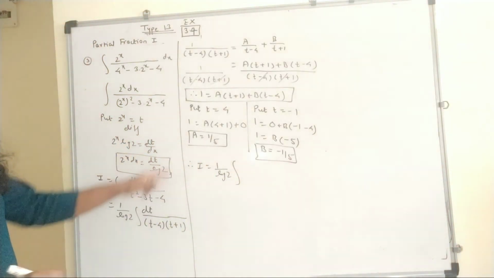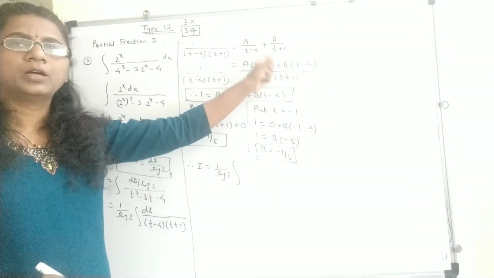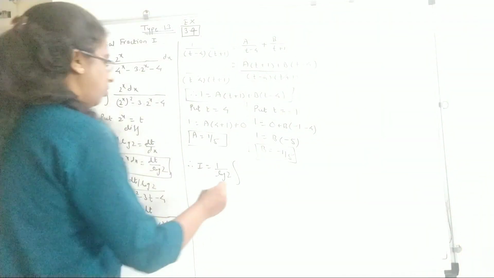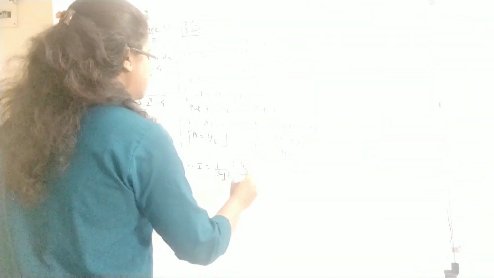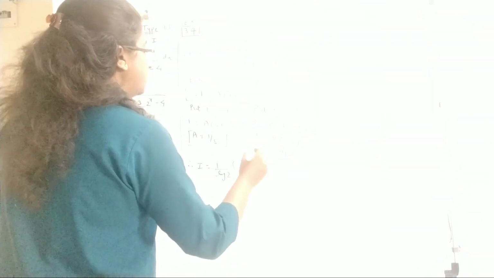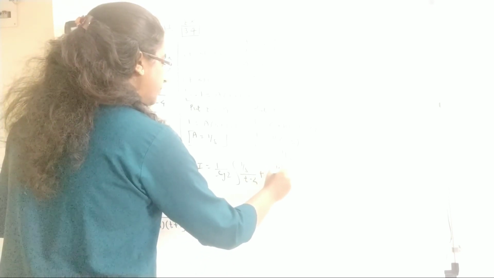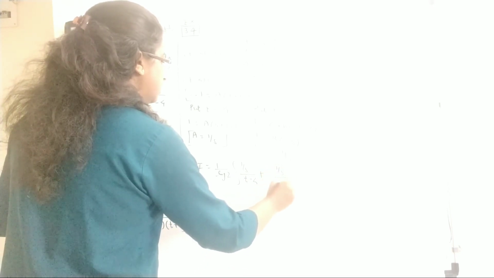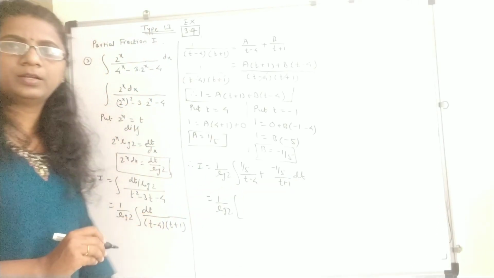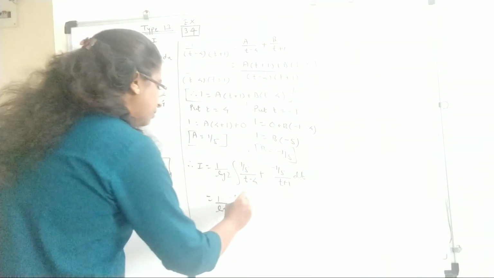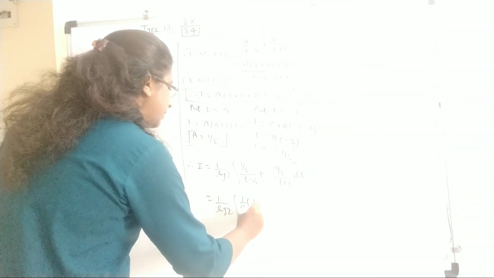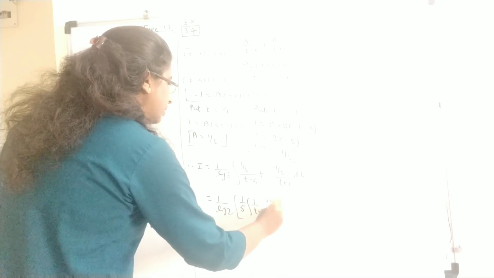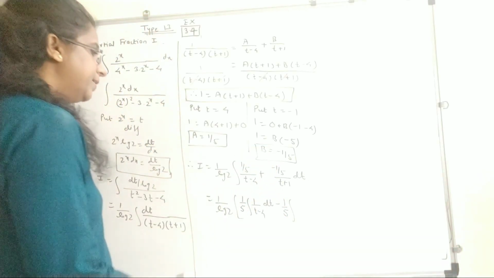this integrand, which you have converted into this form: a upon first factor plus b upon second factor. So 1 upon log 2 outside, inside bracket 1 upon 5 constant is outside integration, and minus 1 upon 5 constant is outside integration.